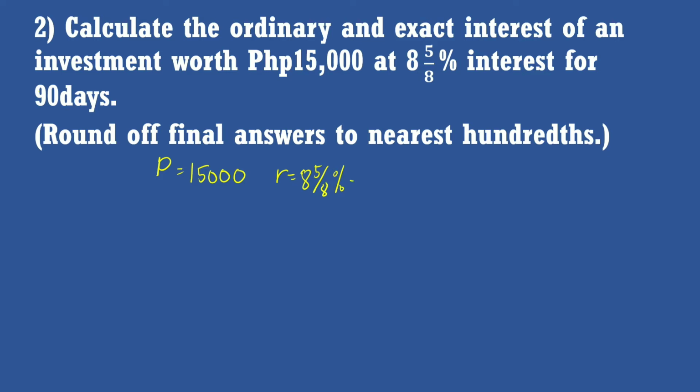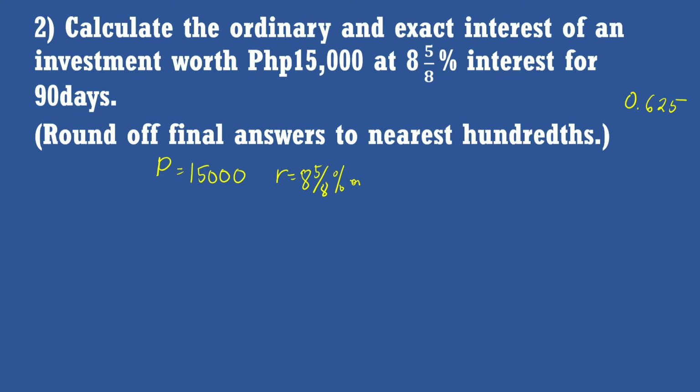We'll convert 5 over 8 into decimal. In our calculators, we can divide 5 by 8. You can see that it's equivalent to 0.625. And then you just add 0.625 to 8.